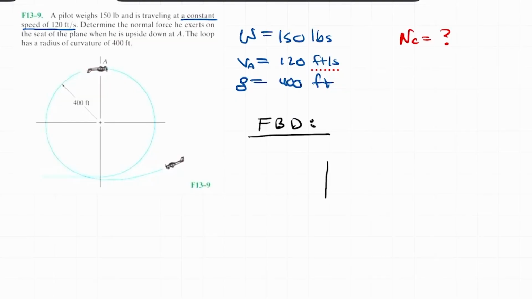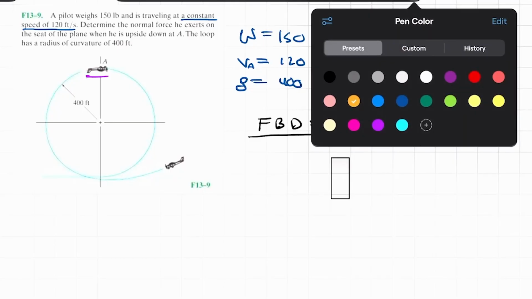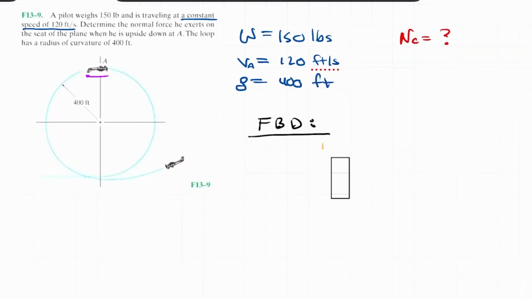I'll have the guy right here, I'll just do a block for the person, and it's of course seating. Notice the plane is upside down, it's flipped when it's flying in this case. So let me draw the seat over here as yellow. So this is his seat as he's moving.